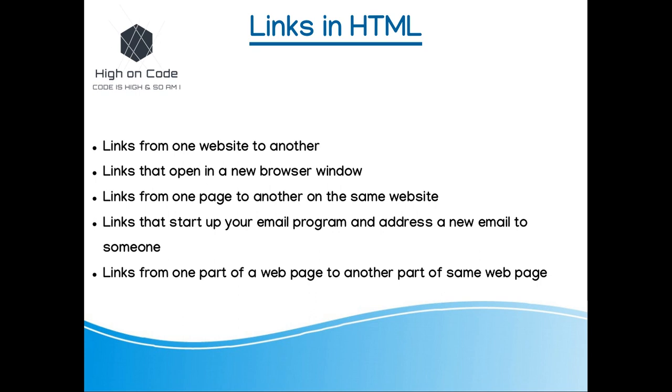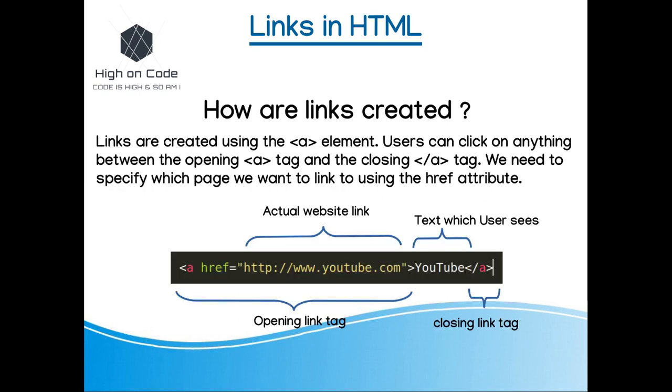So now that we have discussed the different formats of the links, let us now see how they are actually created. Basically the links are created using the a element, or we can say the anchor tag. Whatever text is enclosed between the opening and closing anchor tag forms a link.